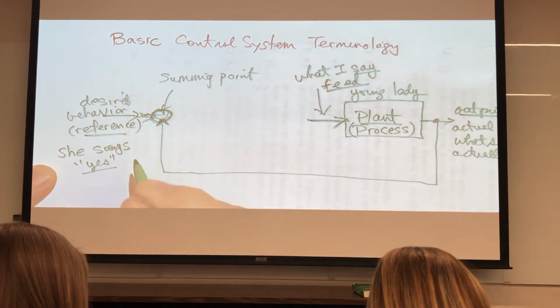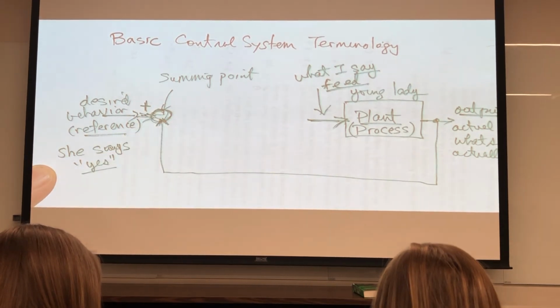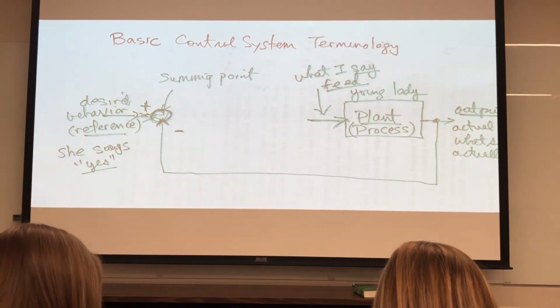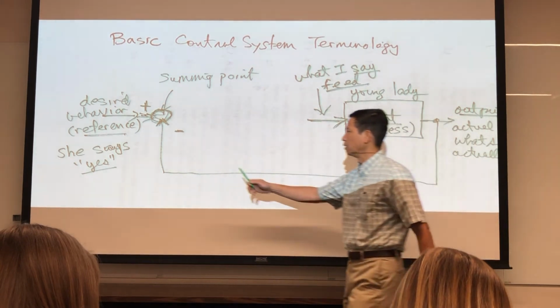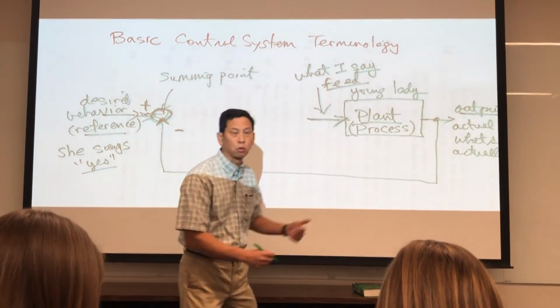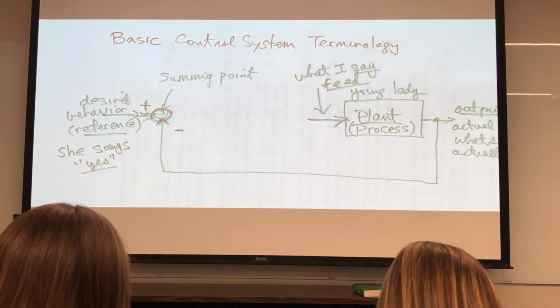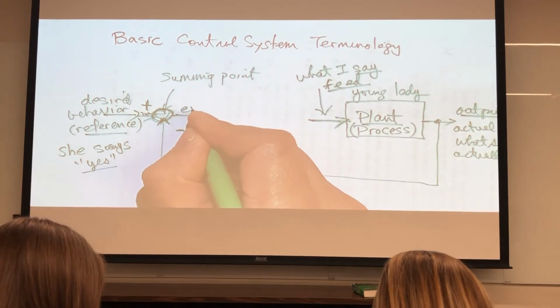It's not really a point, but it's a summing operation. We typically say, this is what I want, and I take a mathematical difference between the two. I take the difference between what I hope she says, the reference behavior, and the actual behavior. The difference between the two is what we call the control system error. The output of this is the error.